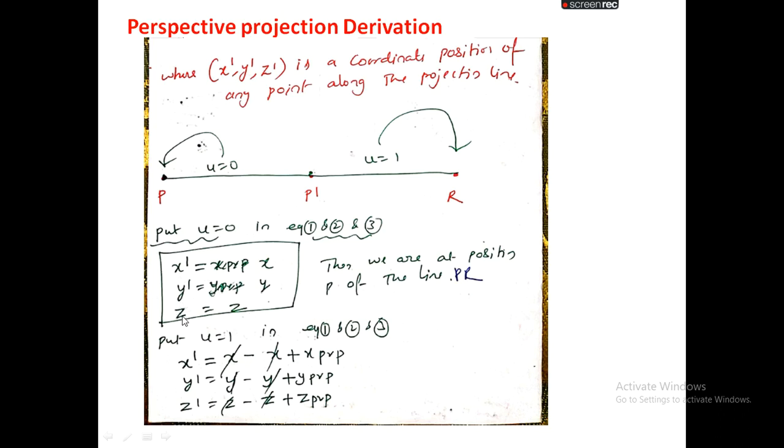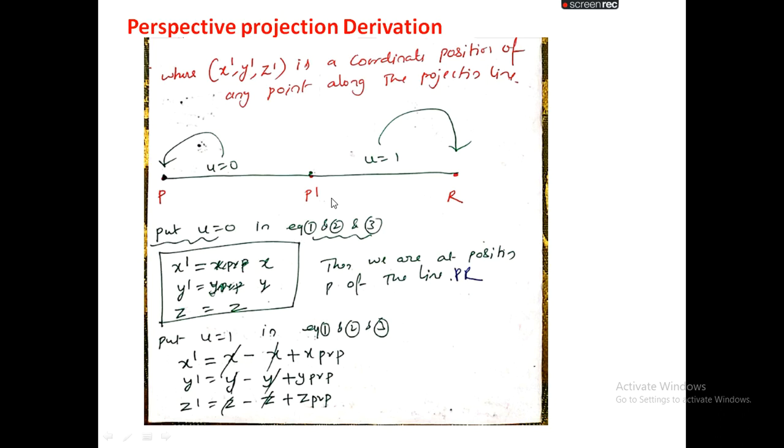I wrote this wrong earlier. So this is after substituting u equal to 0. Means when you are at the position P, whatever the x coordinate is there will become the x coordinate of P dash, and whatever the y coordinate is with respect to P will become the y coordinate of P dash.